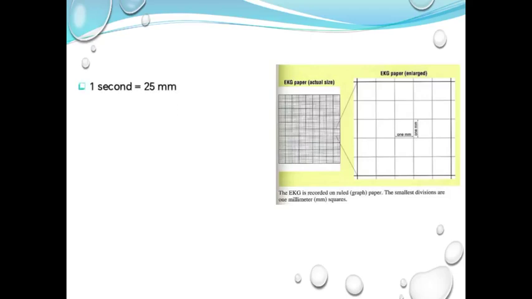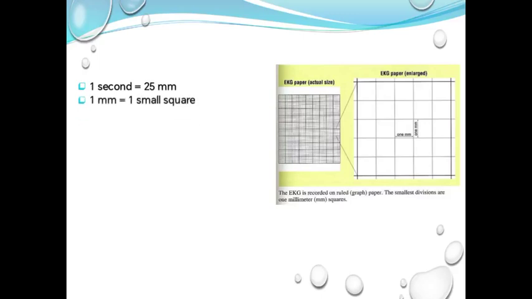So 1 second equals 25 millimeters. What does it mean? If 1 second of time passes, that means 25 millimeters passed, or 5 big squares.